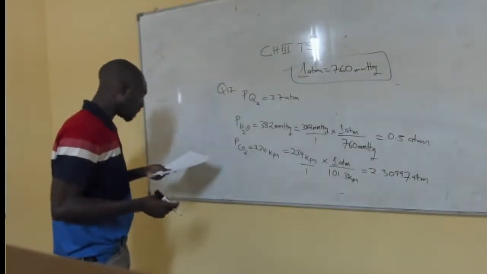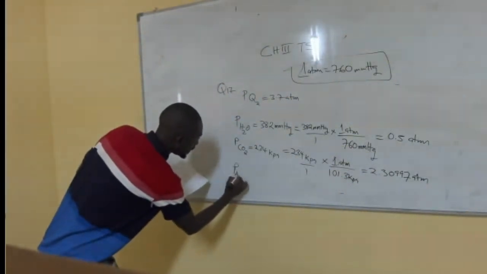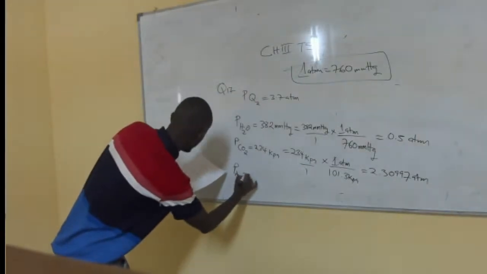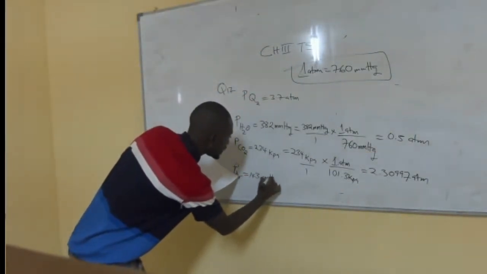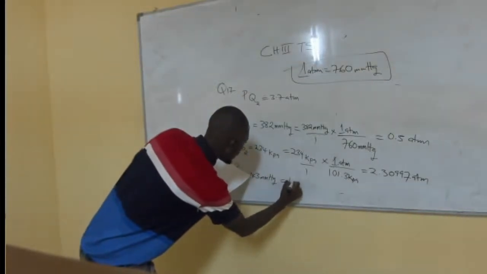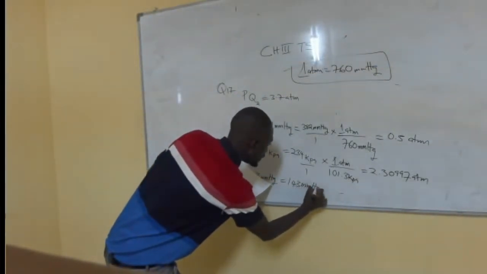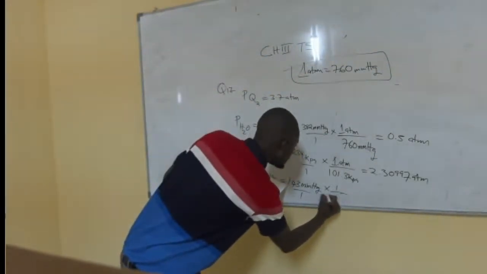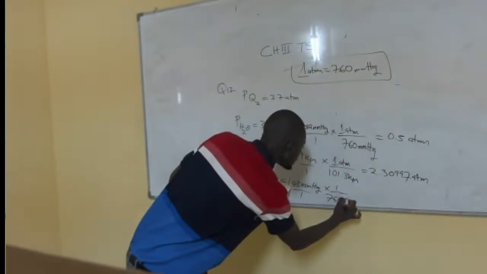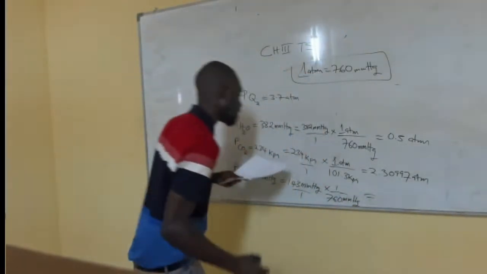Now you are remaining with the argon, PAr, which equals 143 millimeter mercury. That is 143 millimeter Hg over 1 times 1 over 760 millimeter Hg.